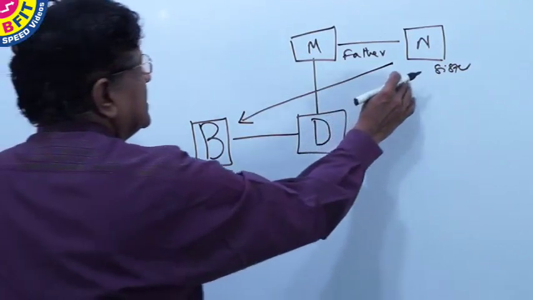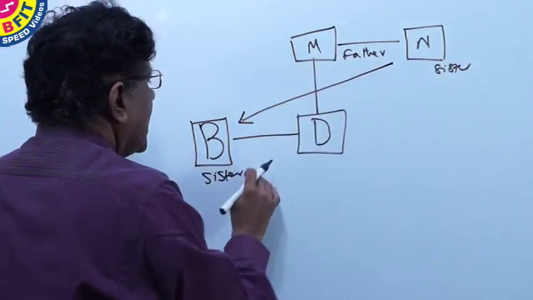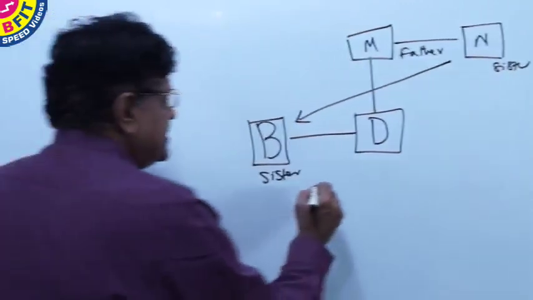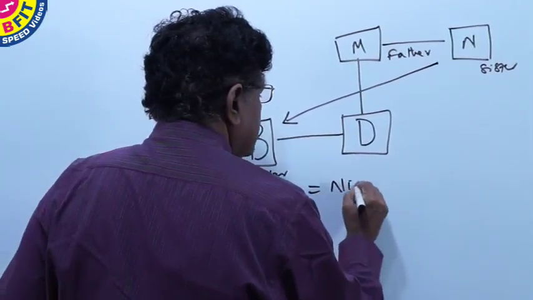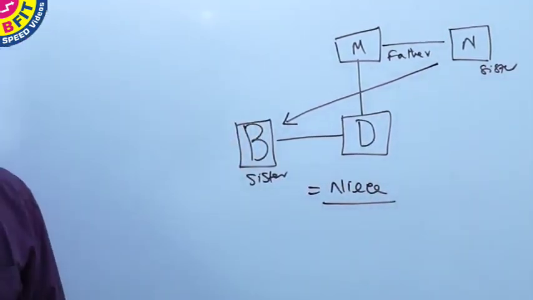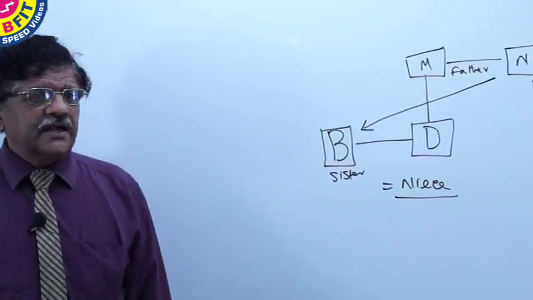As far as N is concerned, daughter. Brother's daughter is called niece. So, how is B related to N?